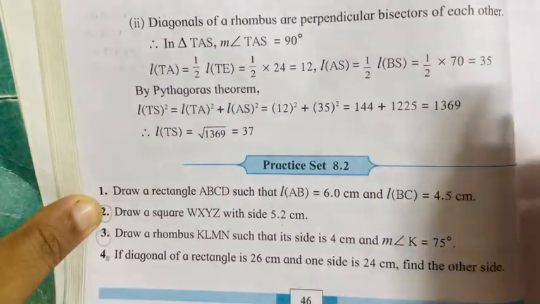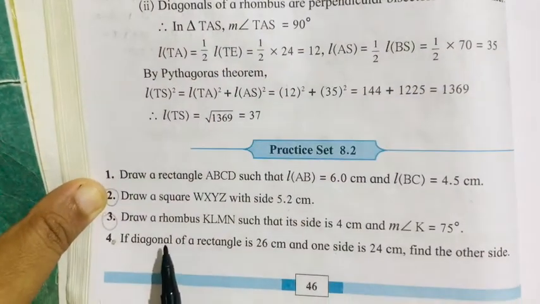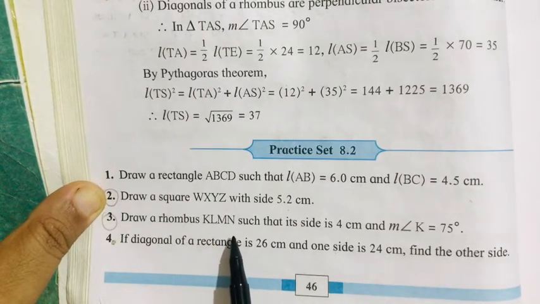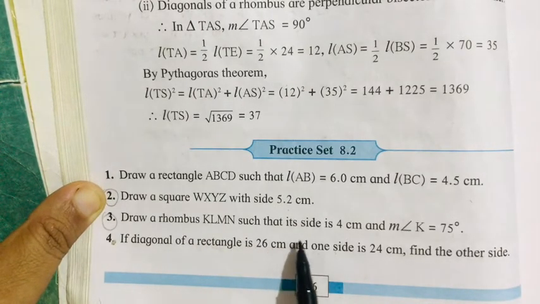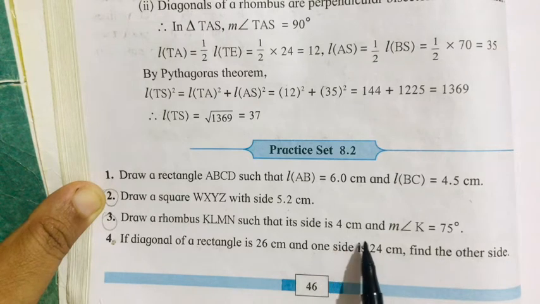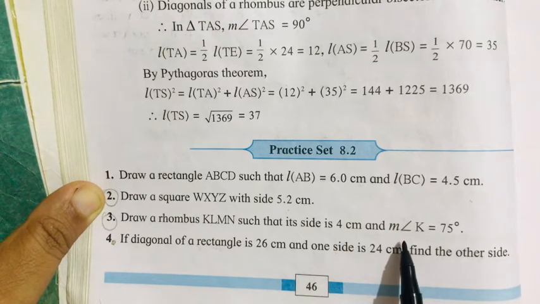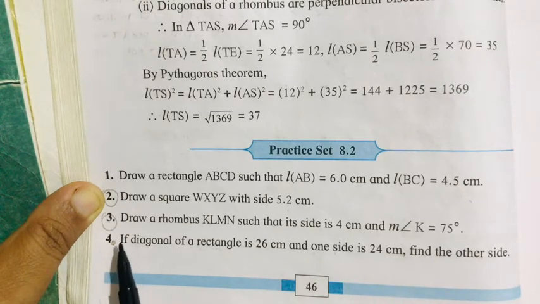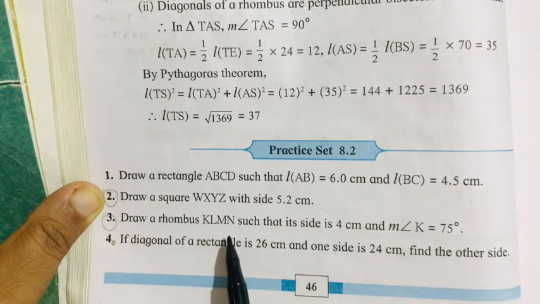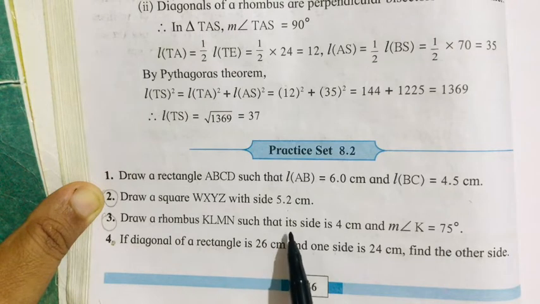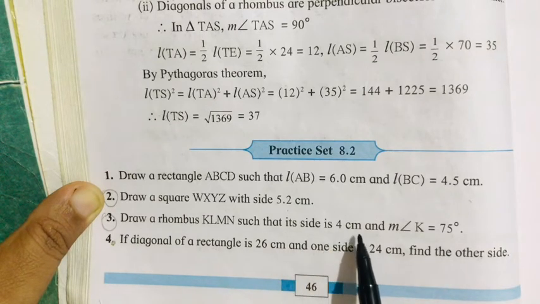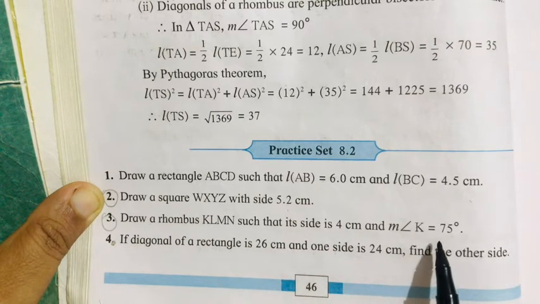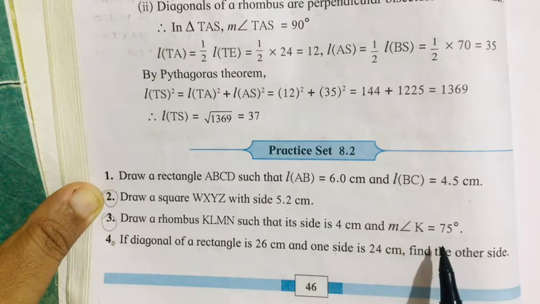Question number 3. Draw a rhombus KLMN such that its side is 4 cm and measure of angle K is equal to 75 degrees.